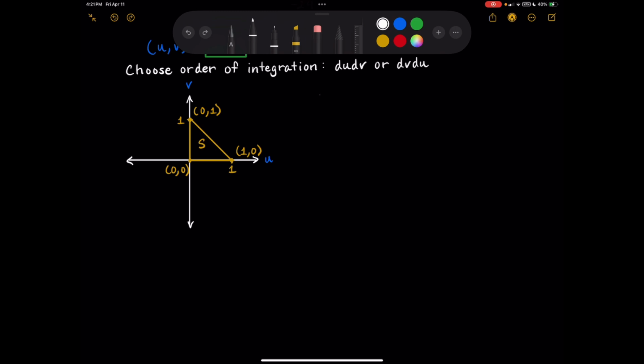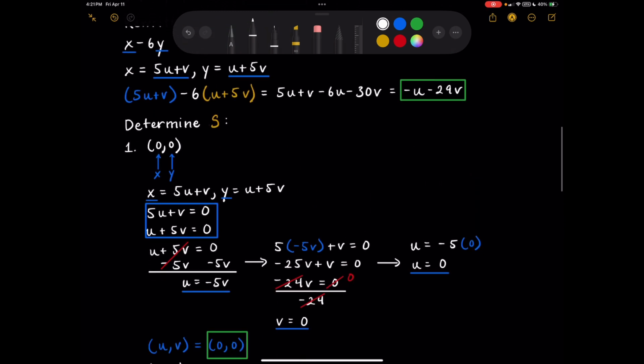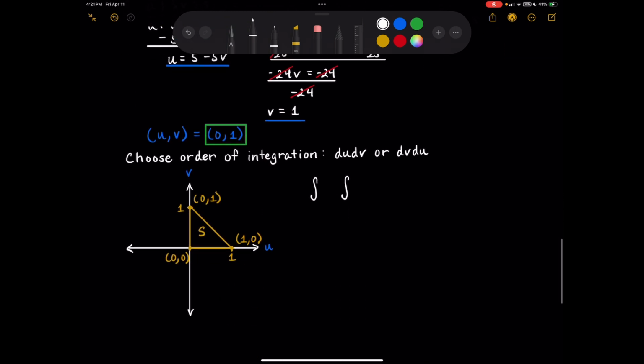So if we did du dv, we'd have the integral, right? And they're going to have a bound here and here. It's going to be with respect to v because v is our outer integral. I'm going to leave some space for our u, which is our inner integral. And then I'll put our integrand from up here, negative u minus 29v, right?